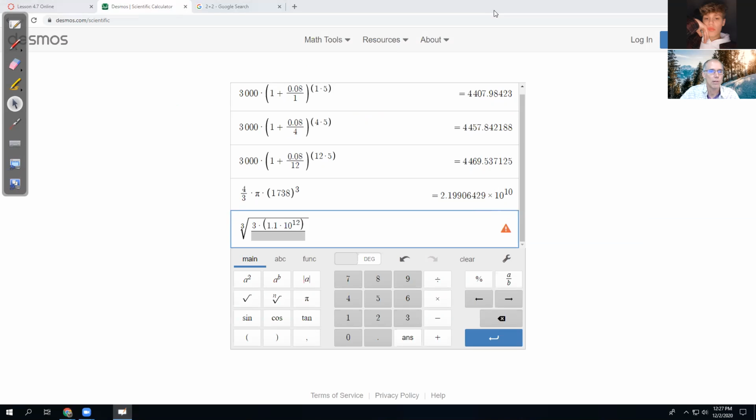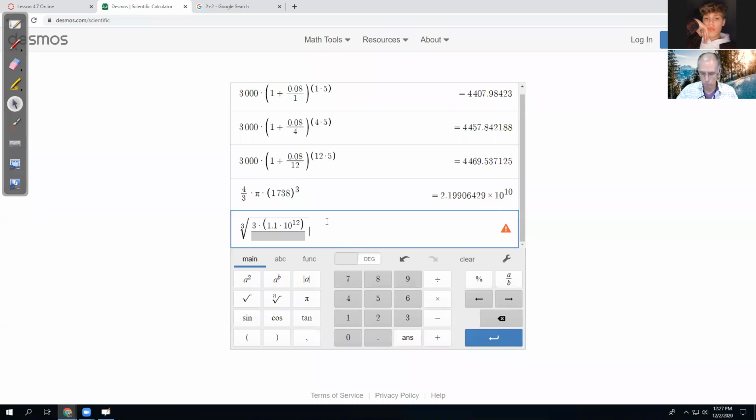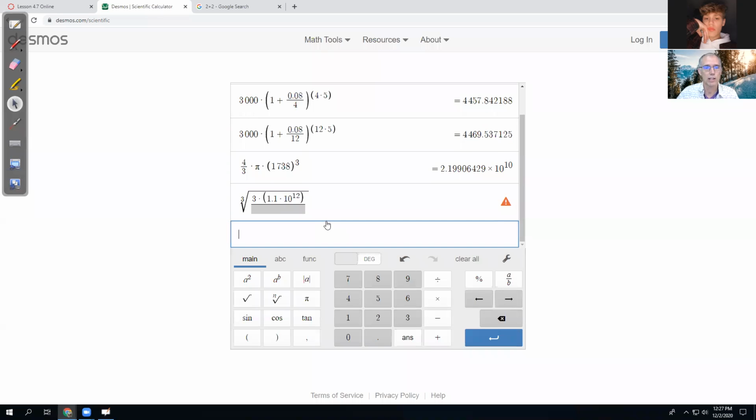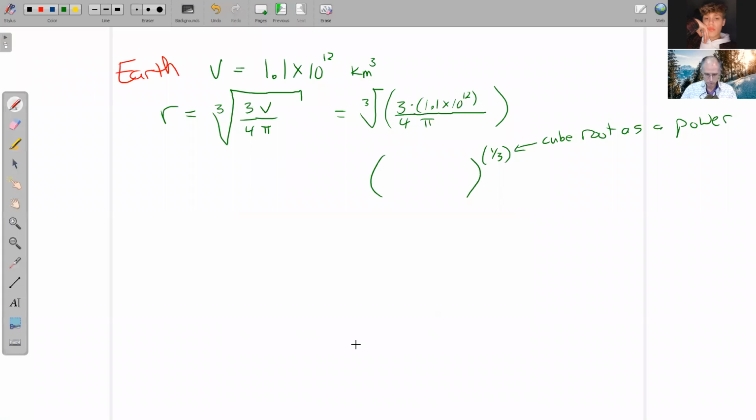Double check the problem. 10 to the 12th, okay. And again, I don't always double check. I should, because I often mess up that kind of thing, mistyping something. And in the bottom, we just have 4 times pi. And if I type that right, I get the Earth has a radius of about 6,403. Let's write that down.